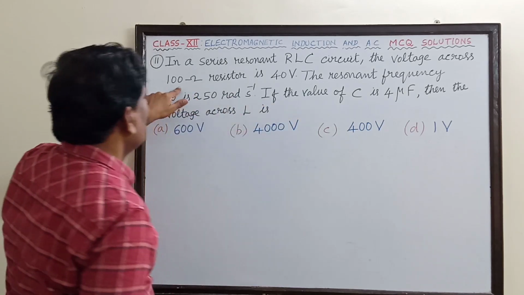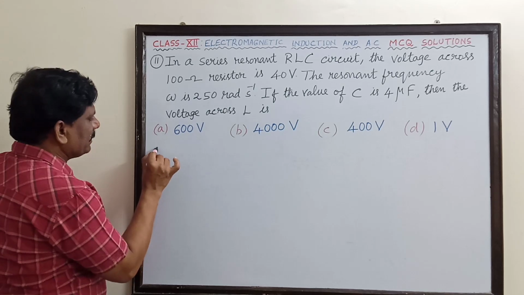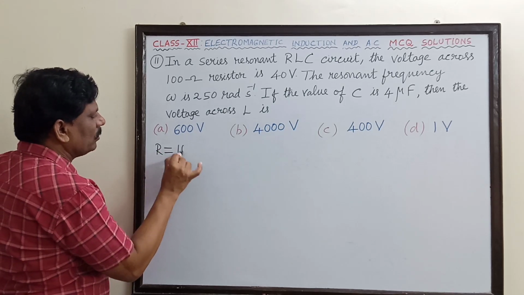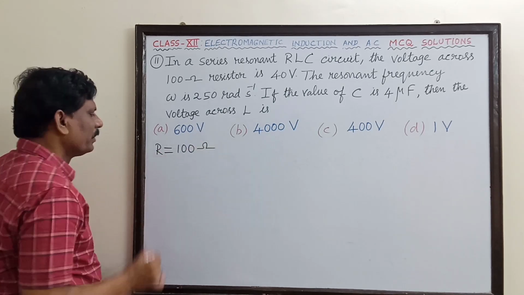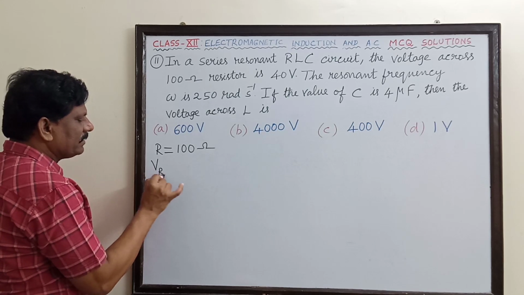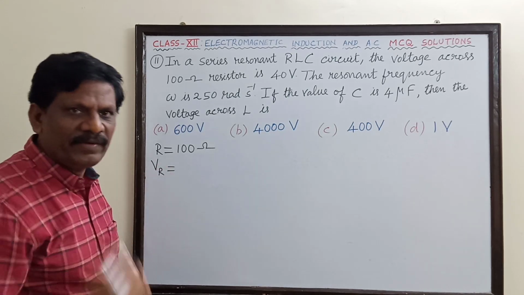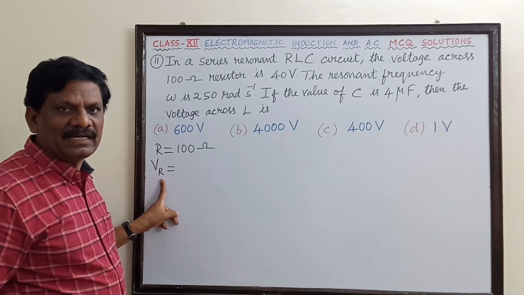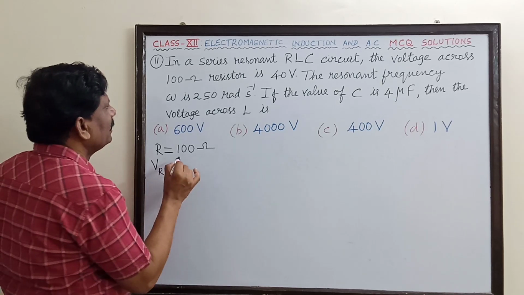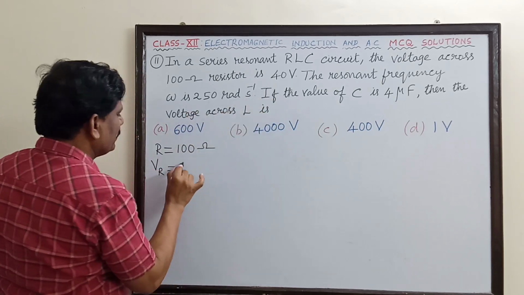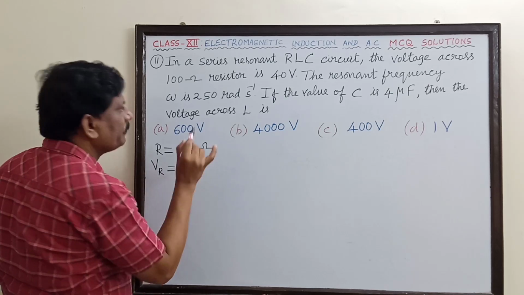The voltage across the 100 ohm resistance. So R is equal to 100 ohm is given. And the voltage across the resistance, what symbol we have used in the derivation is V suffix R. Voltage across the resistance is given as 40 volt.